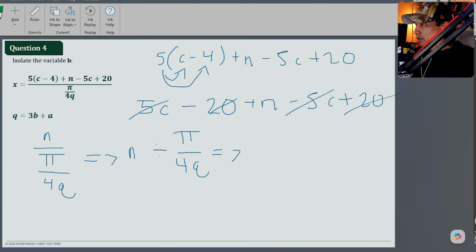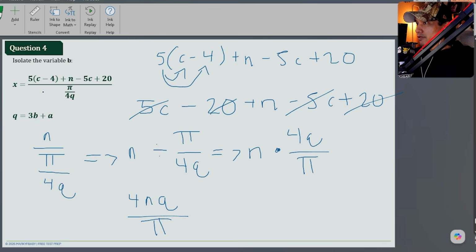Well, we will keep the n, we will change the sign, and then we will flip the fraction. Now, what is n times 4q? That is 4qn, and I'm actually going to write it as 4nq, okay, over pi. And this is our fully simplified first equation.